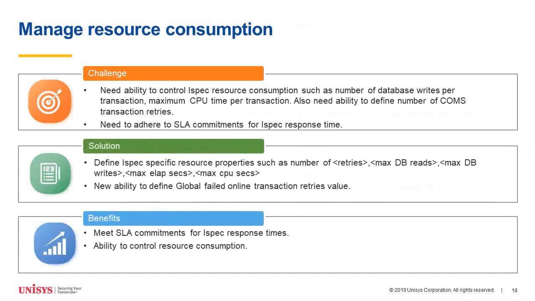If the limit is breached, the GLB dot status will be set appropriately, and interrupt procedures should be defined. As an example, a client may wish to abort the transaction, or they may perform some other specific processing. The benefit here is that the client is able to meet A, the SLA commitments for the ISPEC response times, and B, better manage their resource consumption.